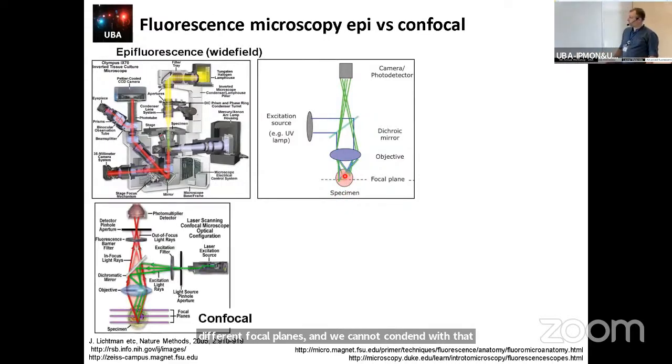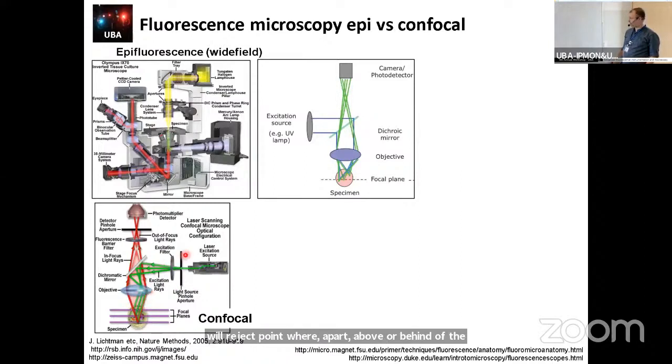A way to overcome this is the confocal microscope, and the big difference is basically the introduction of a little hole that we call a pinhole. If we focus the light before the detector, the pinhole rejects light from points above or behind the focal plane that we want to study.